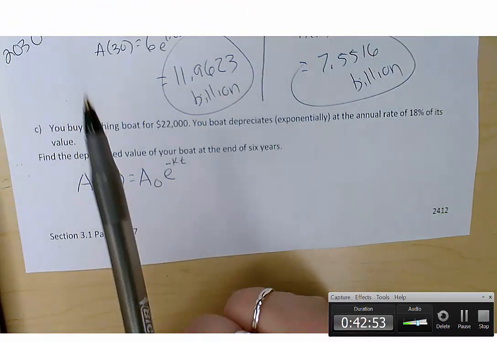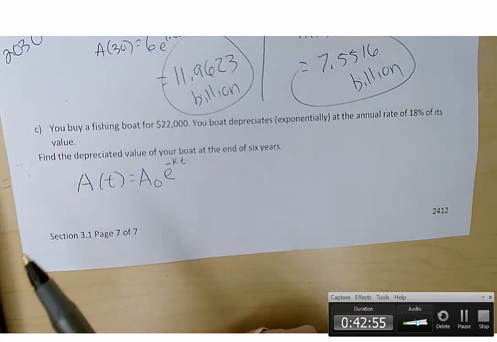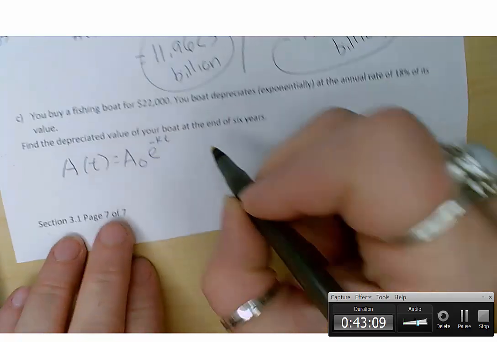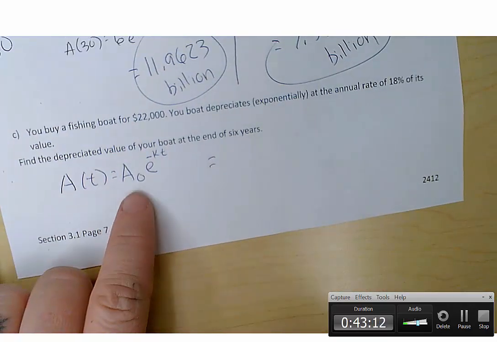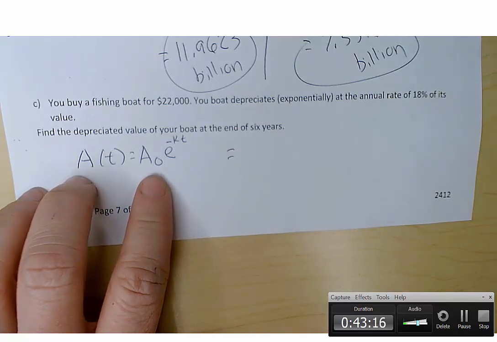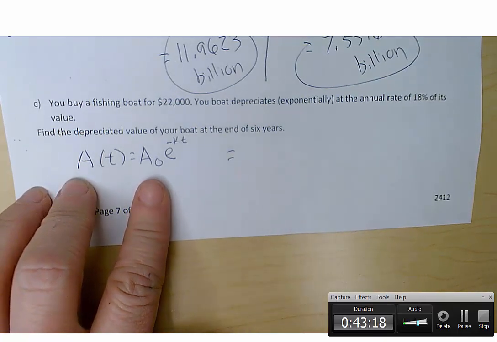For our last example here, you buy a fishing boat for $22,000. Your boat depreciates at the annual rate of 18% of its value. Find the depreciated value of your boat at the end of the 6 years. So when we plug into this formula, our A sub 0, again, is always going to be your initial value, your original value.